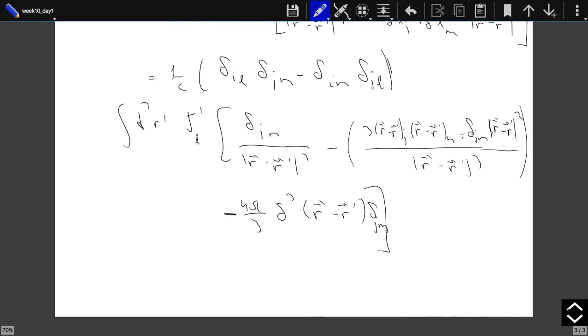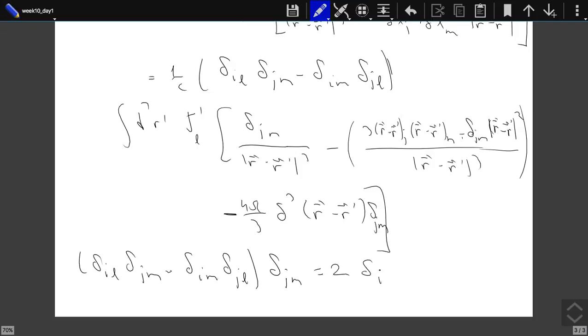Now let's open the parentheses. You see, Kronecker delta il, Kronecker delta jm minus Kronecker delta im, Kronecker delta jl, multiplied with Kronecker delta jm would be just twice Kronecker delta il.